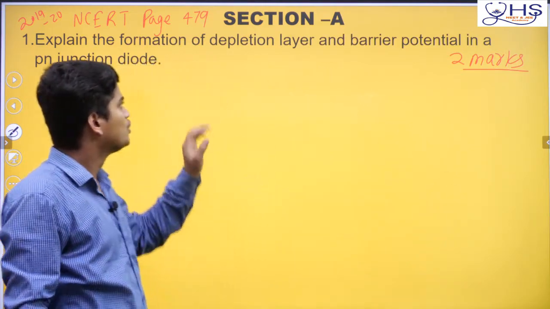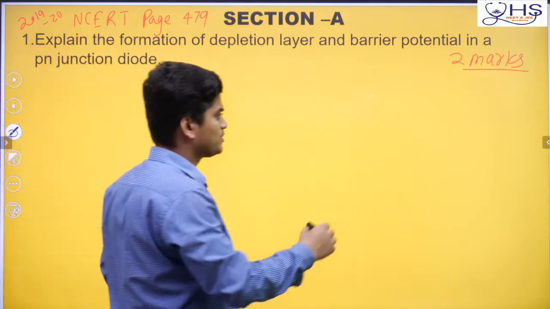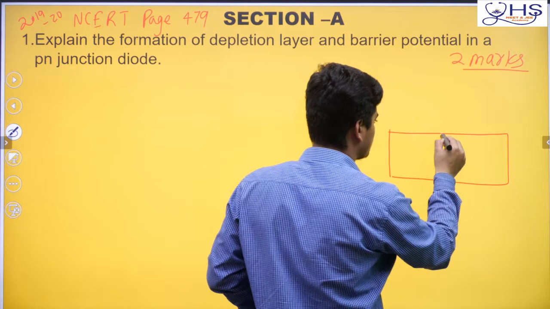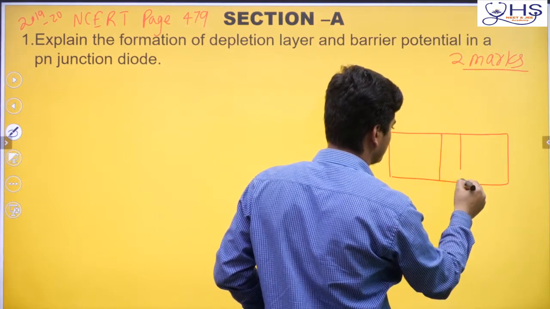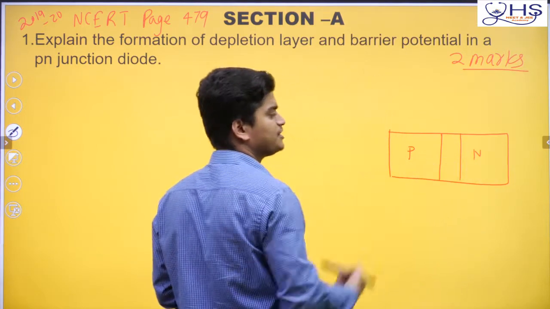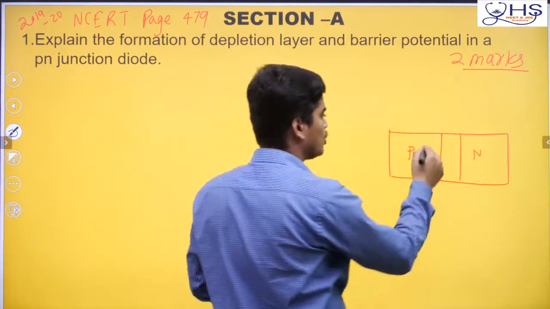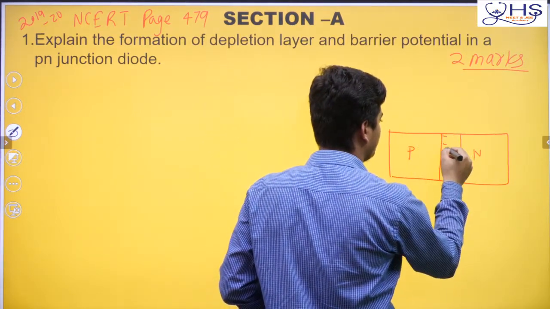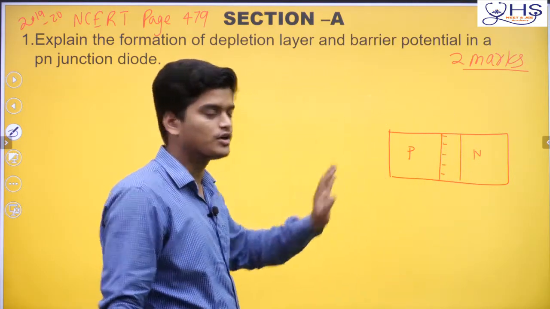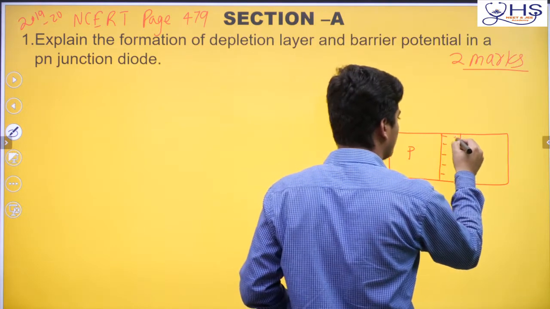So here, depletion layer, basically what? Depletion layer is a space charge region. Here the p side is there, here the n side is there, p region and n region in the PN junction diode. This side will have negative charge, that is negative acceptor impurity, and here you will have positive.